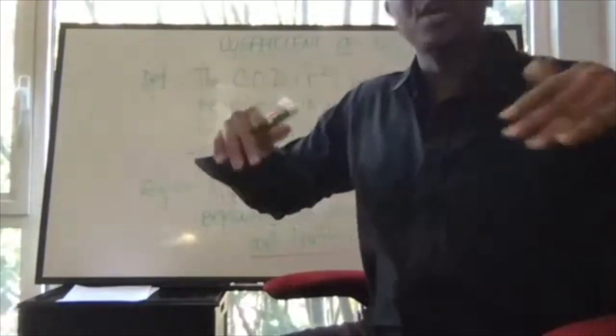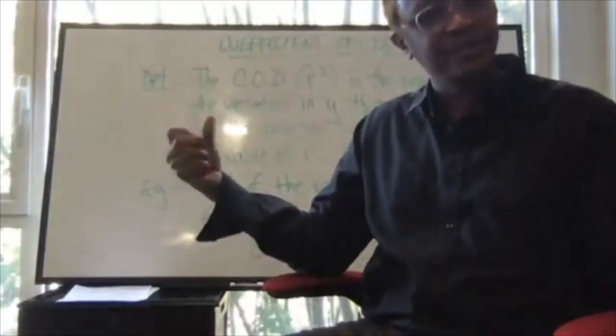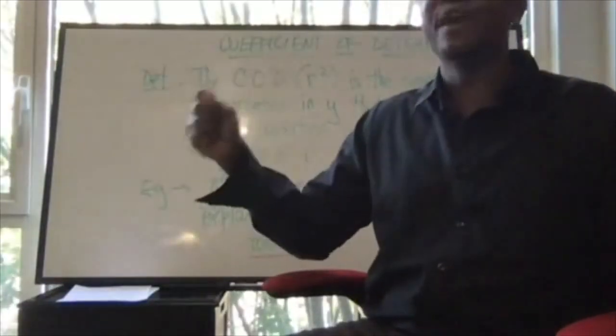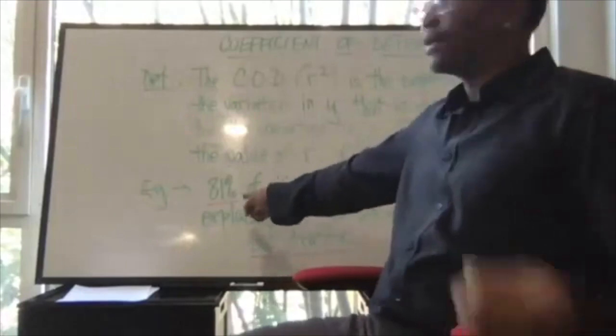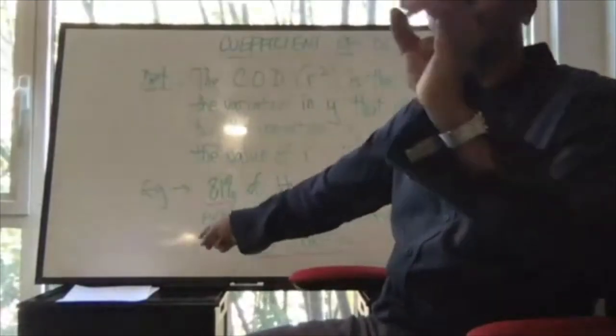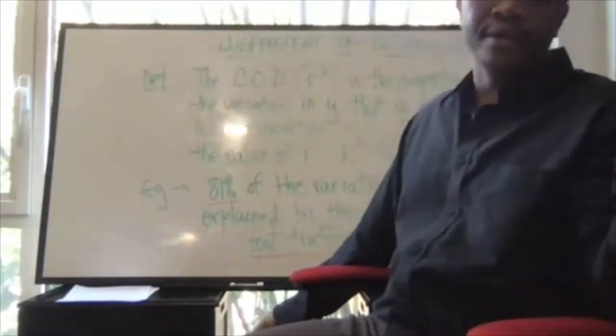Because the closer that number is to 100, like the 81%, that's saying this relationship is pretty tight. It's pretty strong. There's not that much variation outside of what I'm studying. It's almost like the closer the R value is getting to 1, or negative 1.